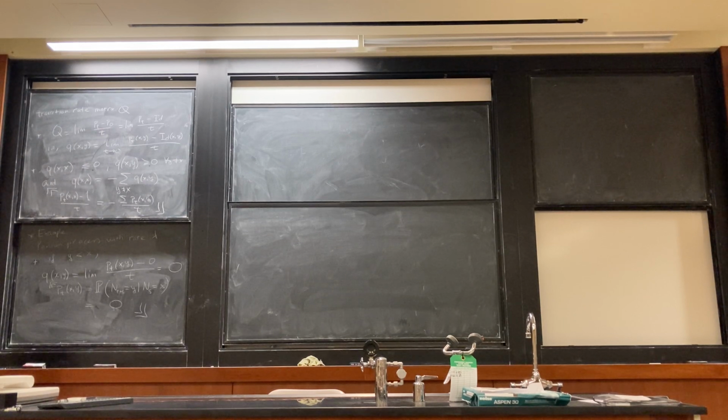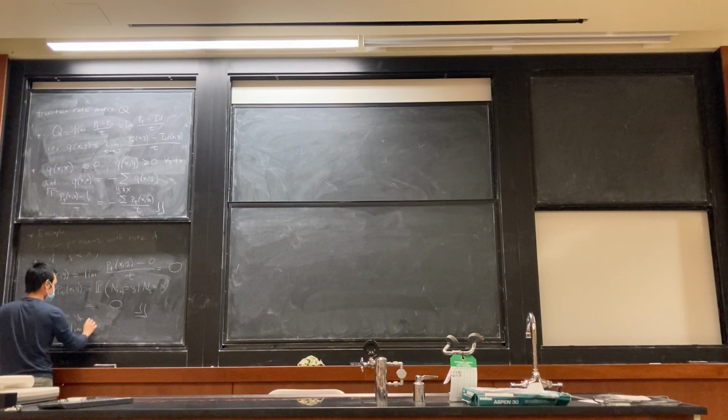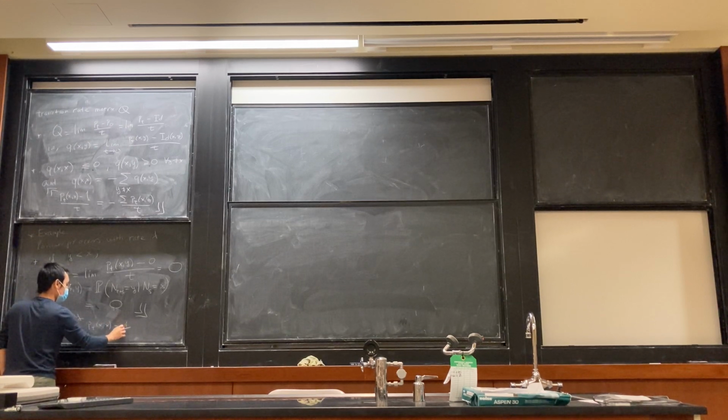So that is that. Now, suppose x is the same as y, then I have Q of x,x is again the limit of P_t(x,x) minus 1 divided by t.